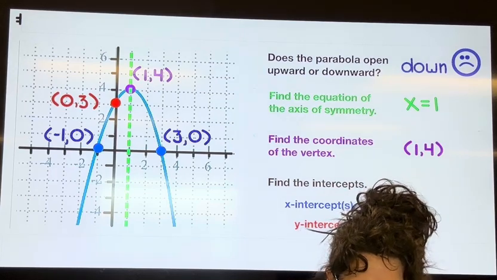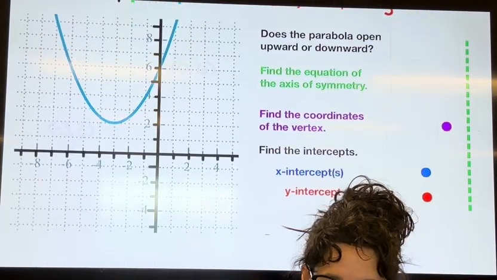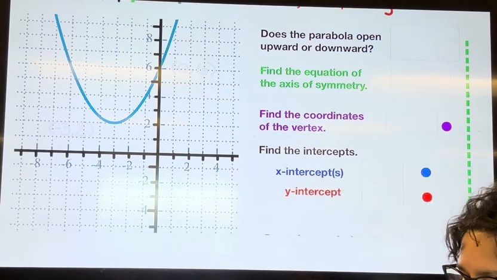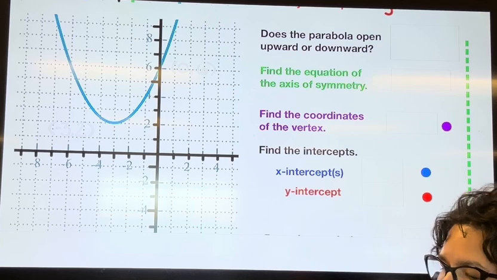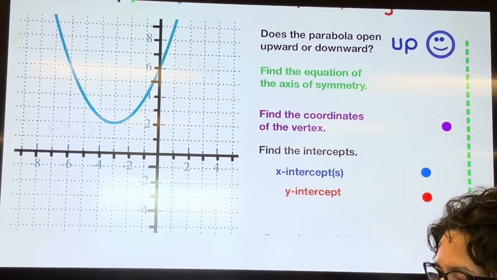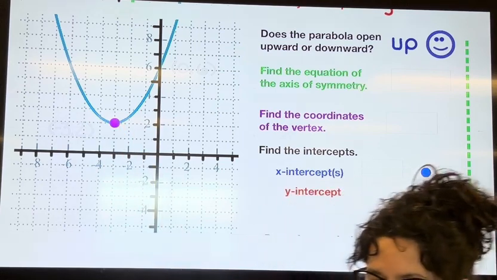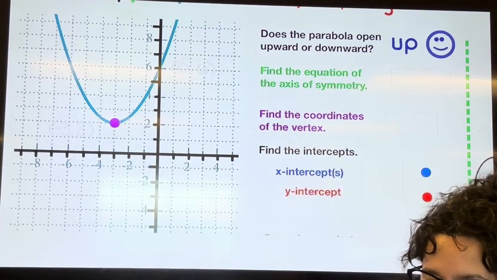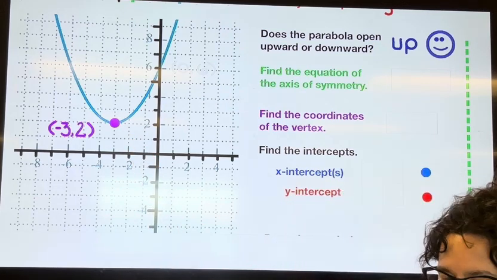So here are just a couple more, just to quickly give us a few more examples. This particular one is smiling, so it's opening up. The coordinate of the vertex, right there is my vertex, which happens to be at back 3, up 2.